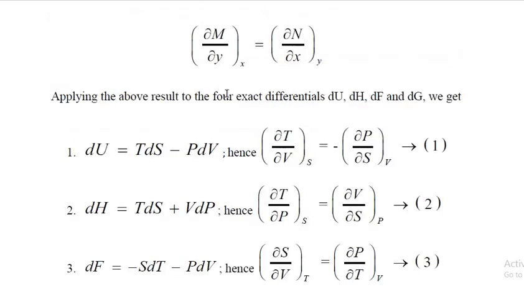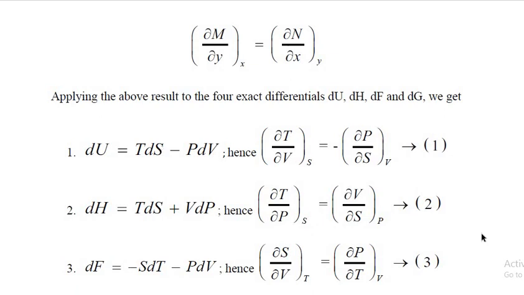So the same way you have to write. So in the place of M we have T, M dx plus N dy. So ∂T/∂V at S is equal to minus ∂P/∂S at V.